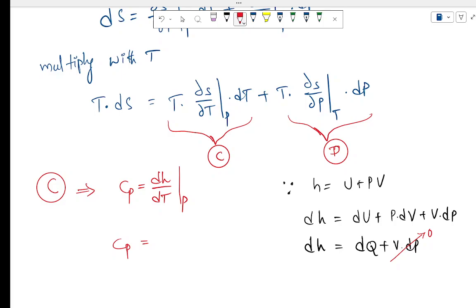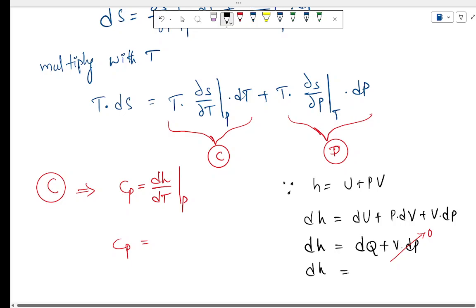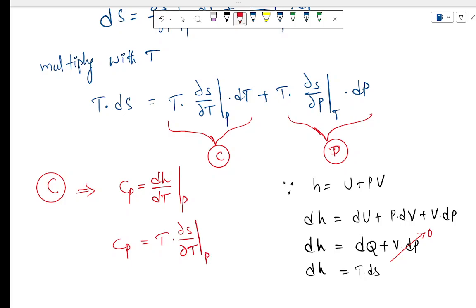As far as C is concerned, this is a constant pressure process, so I can make that part as 0. So dH will now become dq. dH is nothing but dq. This dq can be written as TdS. So in place of dH here, I can put T and dS. I'm writing it as ∂S because I am interested in the partial differential form.